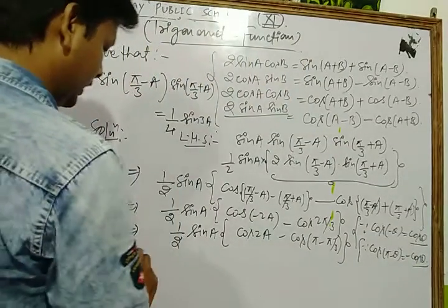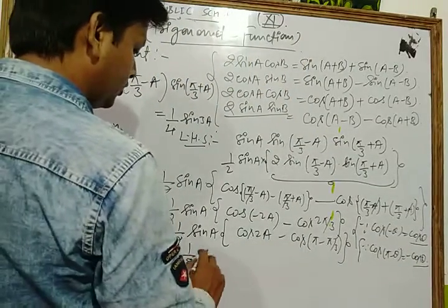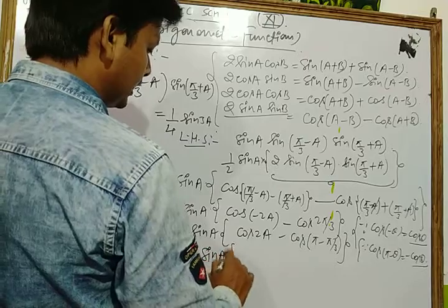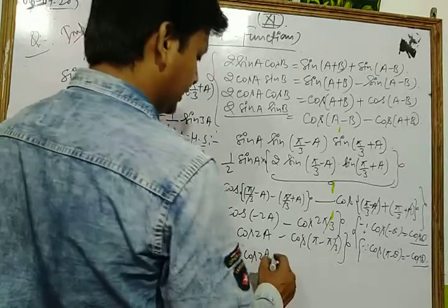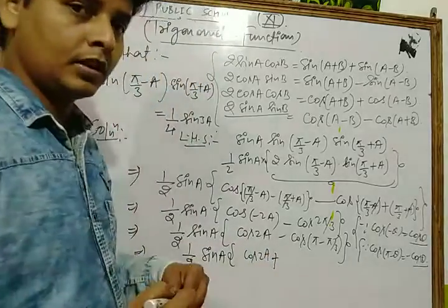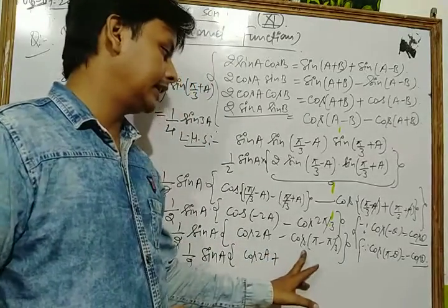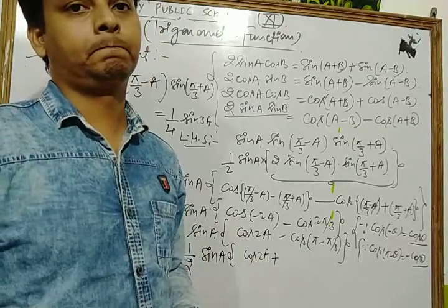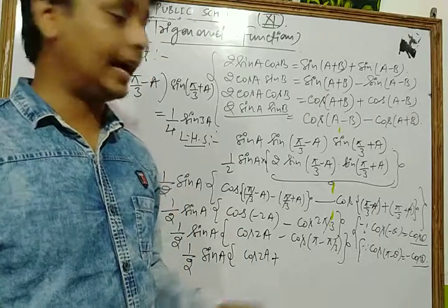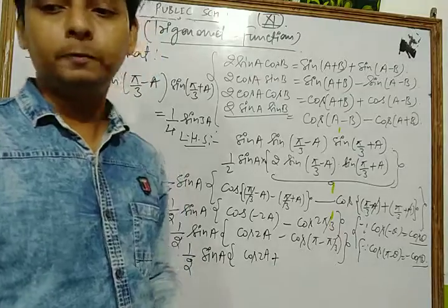So we get 1 by 2 sin A into cos 2A plus cos pi by 3. Pi by 3 means 60 degrees, and the value of cos pi by 3 is 1 by 2.